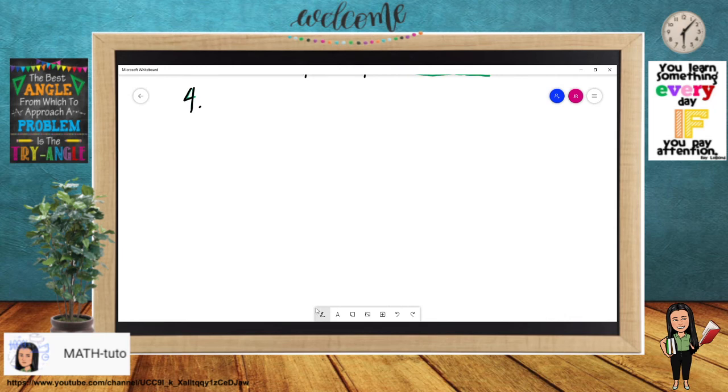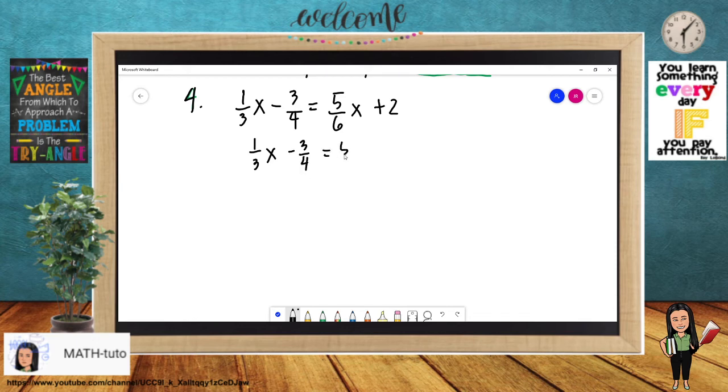We have 1/3 x minus 3/4 is equal to 5/6 x plus 2. Yan. Ito yung given natin. 1/3 x minus 3/4 is equal to 5/6 x plus 2.